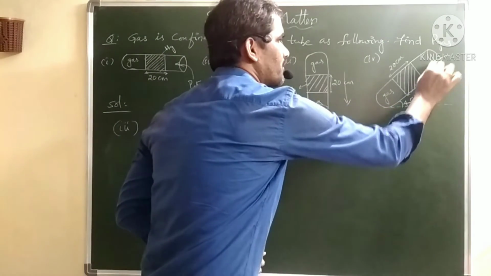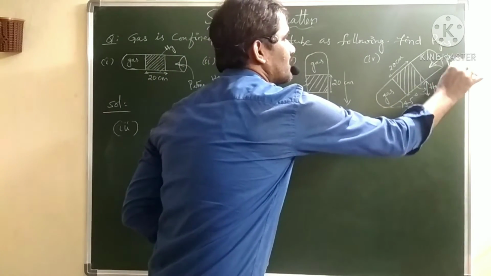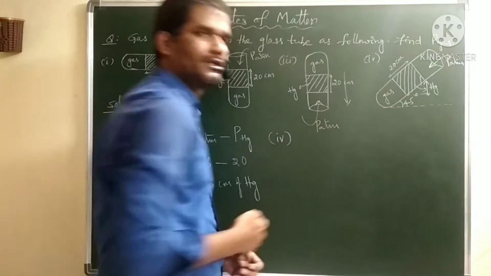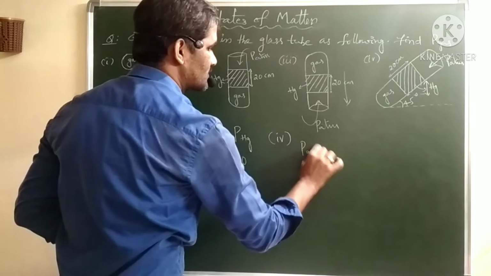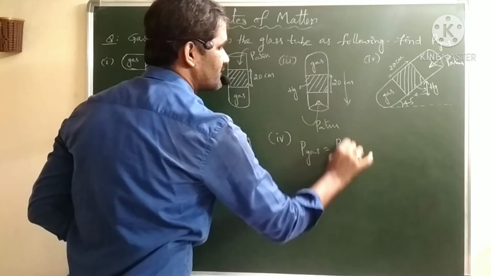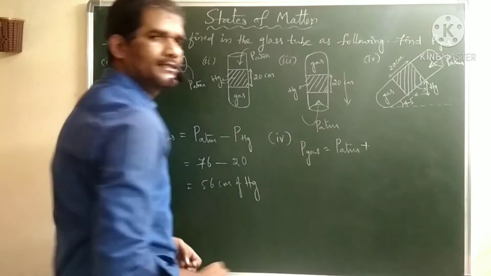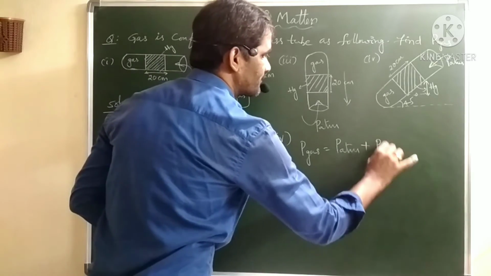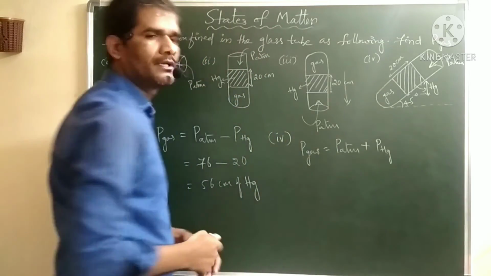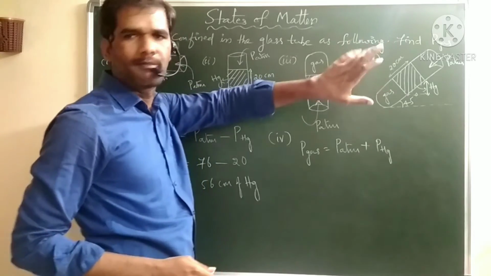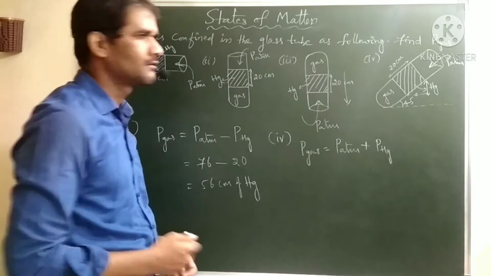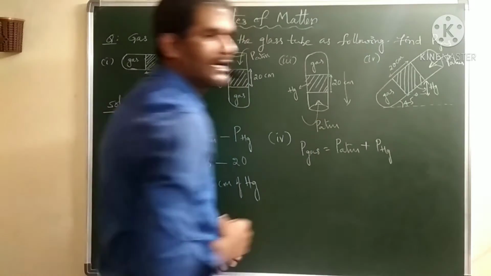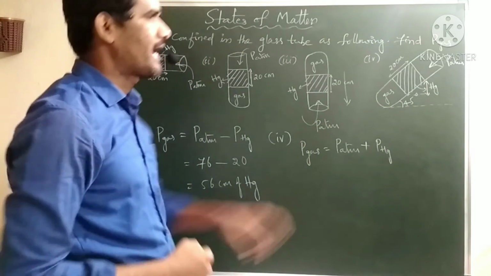Again the tube is open, so we have the atmospheric pressure and the pressure due to the mercury. So the pressure of the gas is equal to the pressure of atmosphere plus the pressure of the mercury. Is the pressure of the mercury 20 here? No, because it is tilted at 45 degrees. Now we have to take the actual height of the mercury.